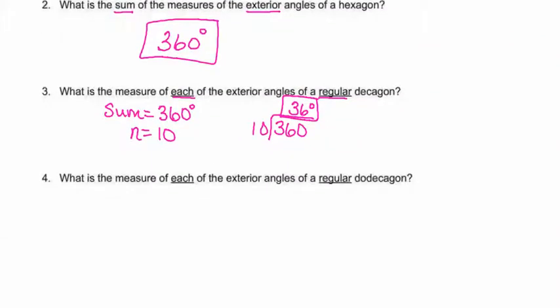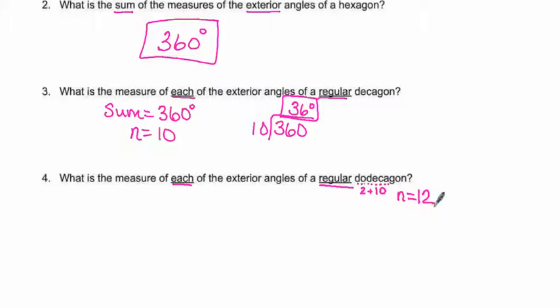What is the measure of each of the exterior angles of a regular dodecagon? So there again, each angle, I have to know it's regular. In this case, dodeca, remember we looked at that yesterday. Do meaning 2 like dos, deca meaning 10. So here in this case, n is 12.